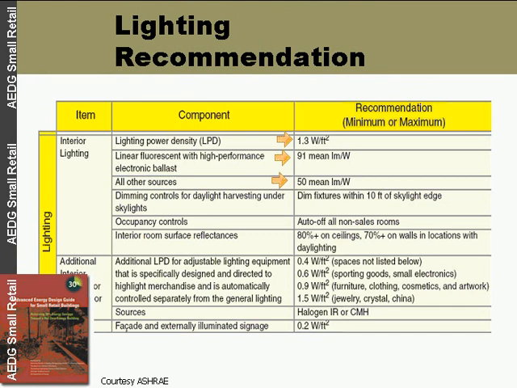For all other sources, like your accent lighting, we're seeing 50 mean lumens per watt, and that compares to the halogen IRs that we would see in the 90.1 models at 50 mean lumens per watt. So that gets us into the ceramic metal halides. We're looking at dimming fixtures within 10 feet of the skylight edge. Assuming you're putting in skylights, we want you to dim those. And 10 feet instead of 8 feet as in the office guide was put in because we're assuming higher ceiling heights.